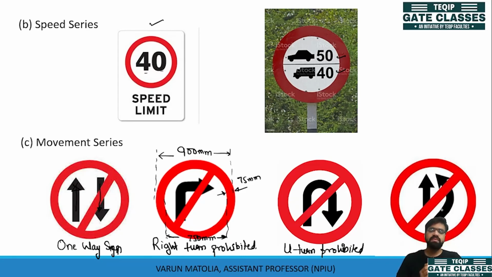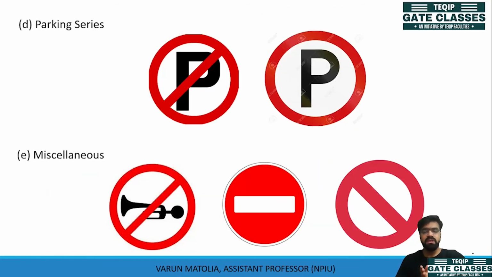This is no overtaking, or overtaking is prohibited. So these are some movement series signs. You should observe these signs on the road. Whenever you are moving on any highway, you will find all these signs.